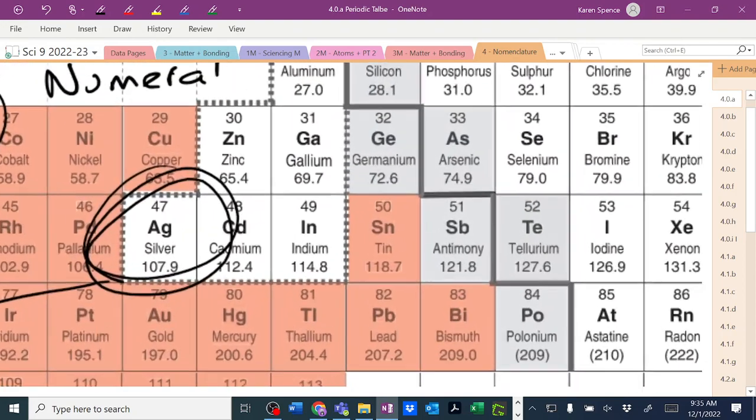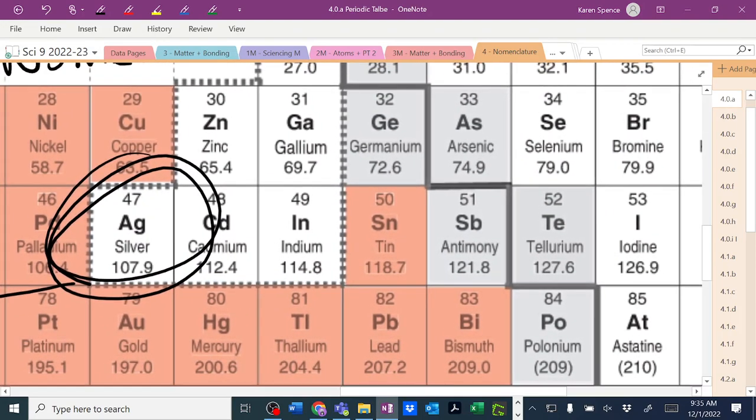Oh, and by the way, if you have trouble remembering that tin is Sn, have you ever seen those things where someone opens up a tin and this sort of springy snake thing jumps out? So you can think, I have a tin, and when I open it, a snake jumps out. So tin is Sn for snake. And if you don't like that, you can just look it up. Look under T on the back of your periodic table.